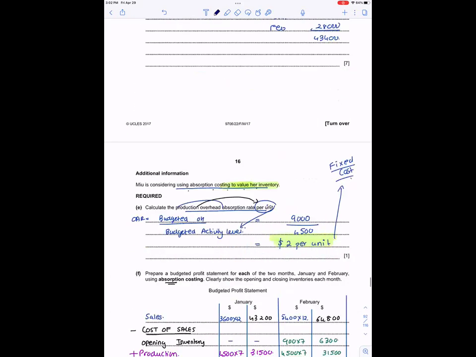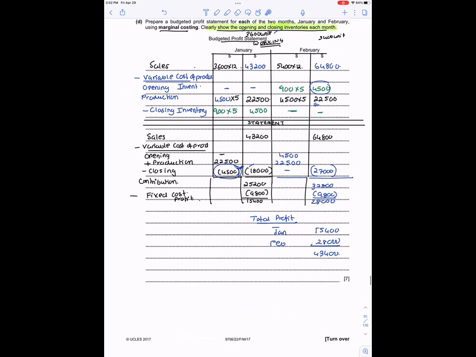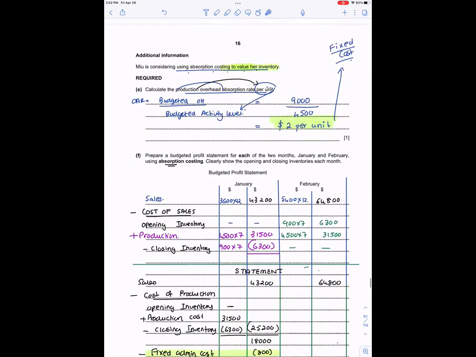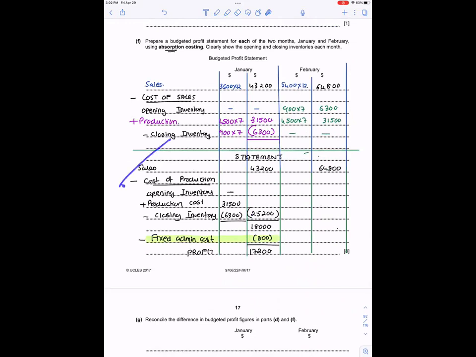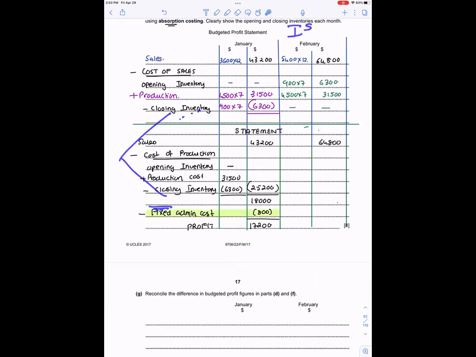Over here also I have minus the fixed cost, but after contribution. And over here I have split it into two parts: production cost separately and office cost separately. This is like my normal income statement. Let's go to February. What is the opening inventory?